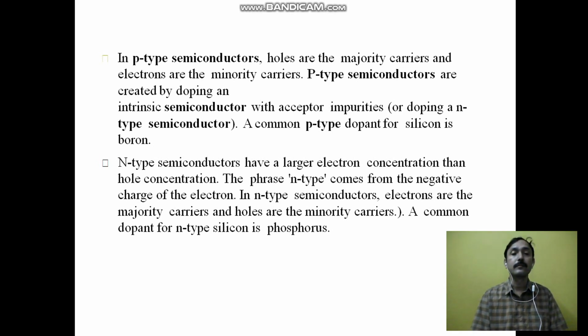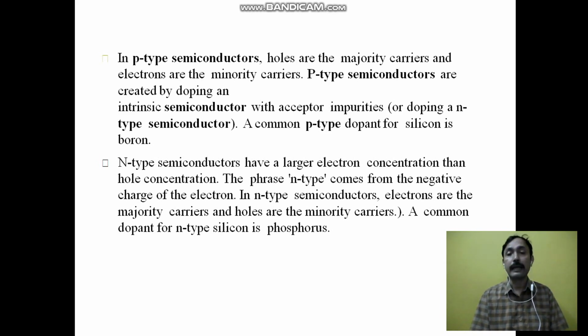That means if nitrogen is doped into tetravalent silicon, then one electron will be in excess during pair production, so an excess electron is produced.